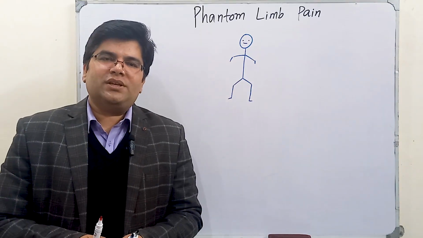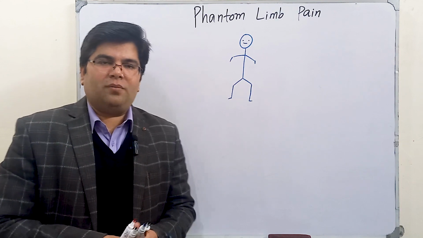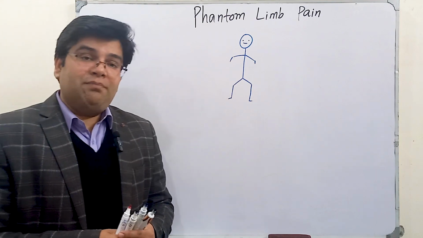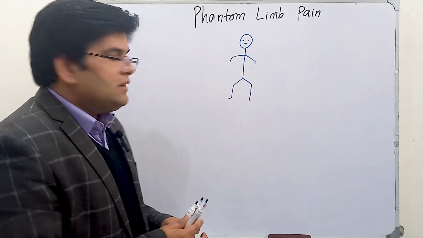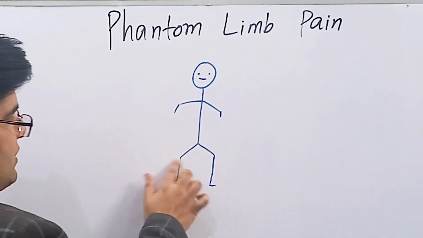So this law of projection and labeled line principle are very important to understand a phenomenon called phantom limb pain. When the leg of someone is amputated, what happens?